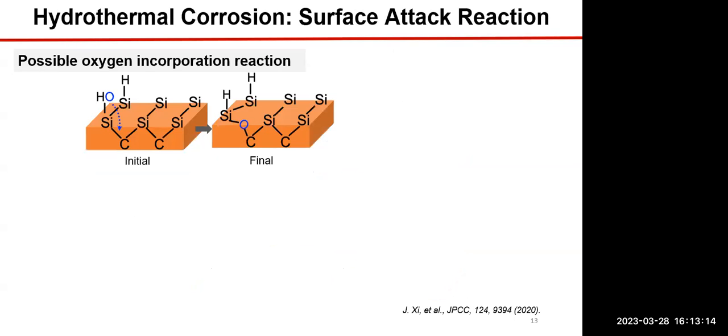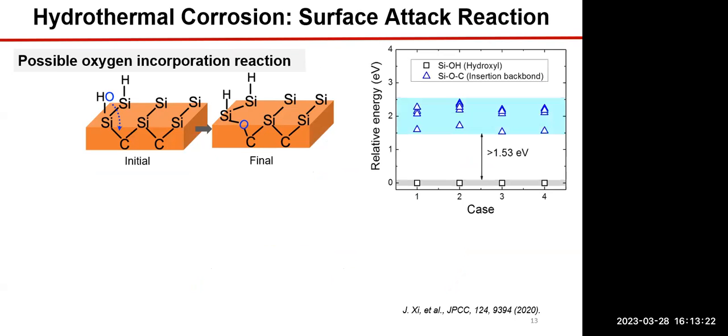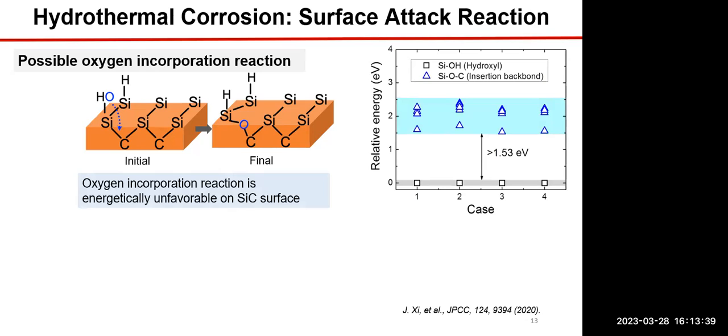So based on those assumptions, we have studied the silicon carbide surface and calculated the reaction energy for this kind of reaction, as shown in this image. From this image, we can see that the reaction energy for the oxygen incorporation reaction on the silicon carbide surface is very high and positive, which means that this kind of reaction is very difficult to happen on the silicon carbide surface.